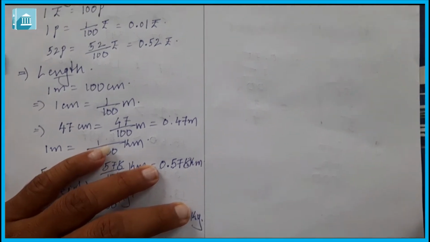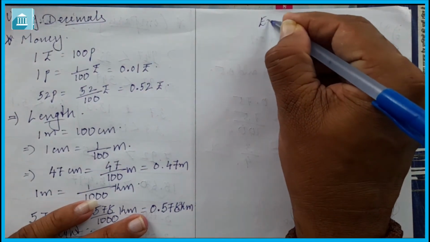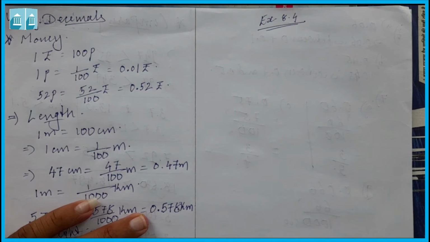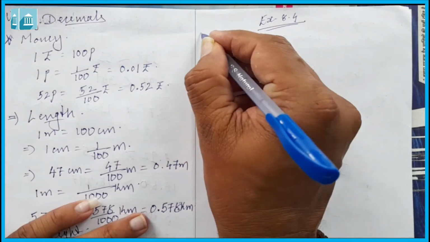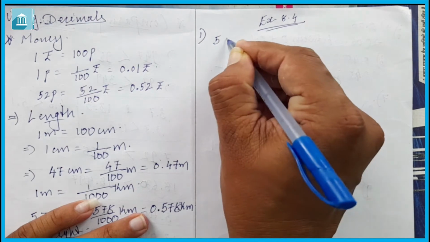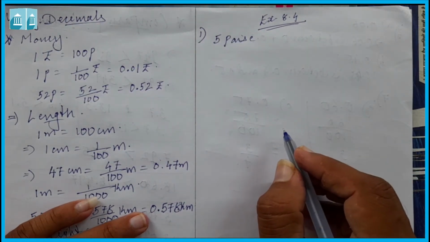Now let us see exercise 8.4. Here in exercise 8.4 it is given: express as rupees using decimals. In question number 1, the first part is 5 paise. Now we have to express it in rupees.